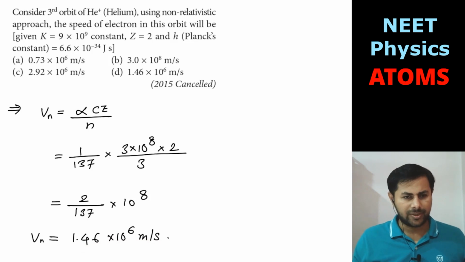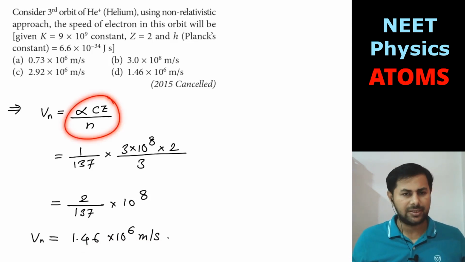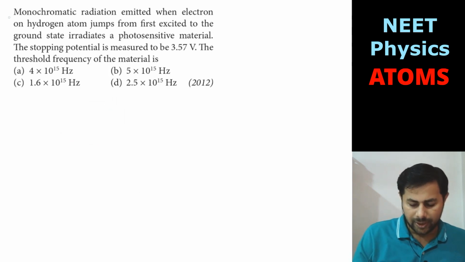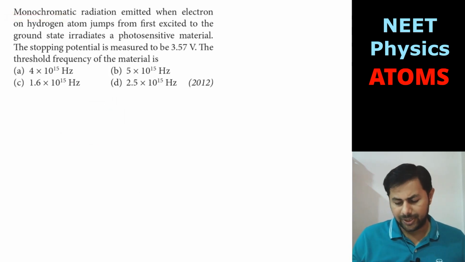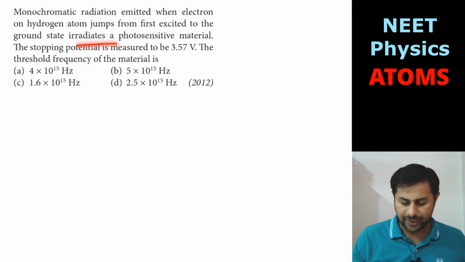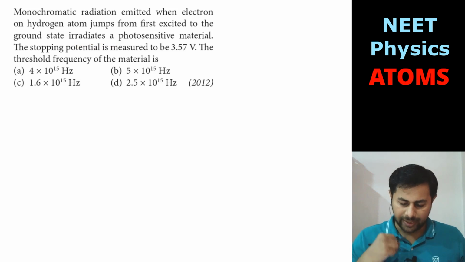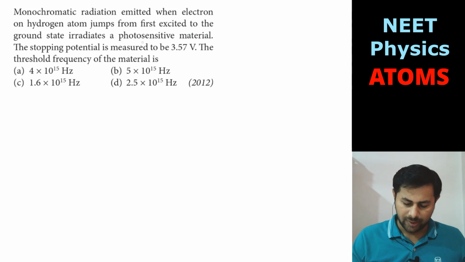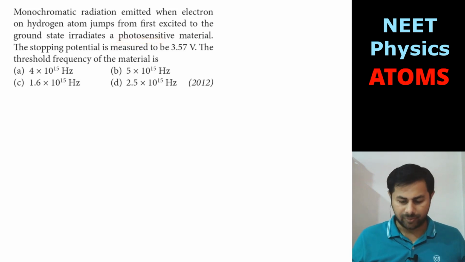It's a direct formula, right? Alpha times Cz divided by n. Okay, so monochromatic radiation emitted when an electron in a hydrogen atom jumps from the first excited state to the ground state, meaning second state to ground state, irradiates a photosensitive material.